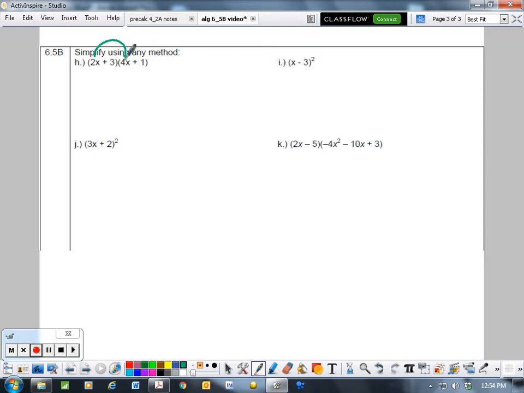So 2x times 4x, 8x squared. 2x times 1 is 2x. And then 3x times 4, oops, forgot my x. So 3x times 4 plus 12x. 3 times 1 plus 3. Combine our like terms.